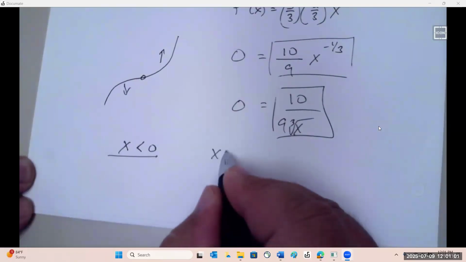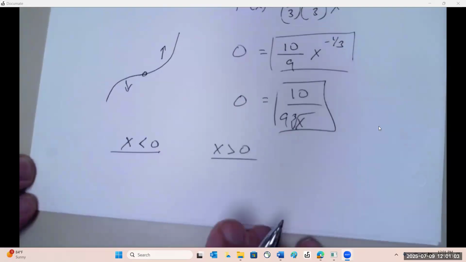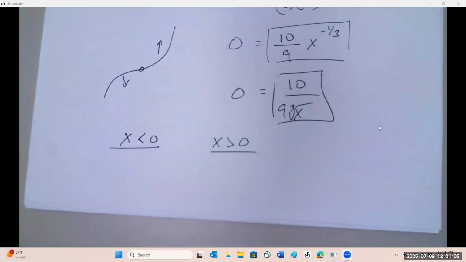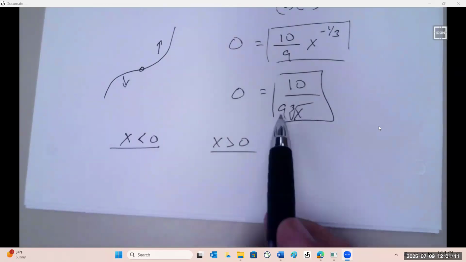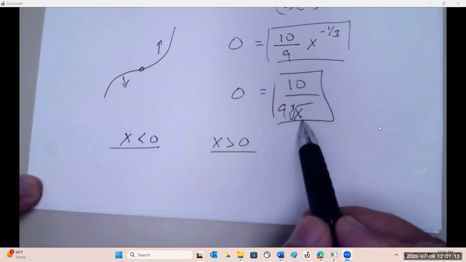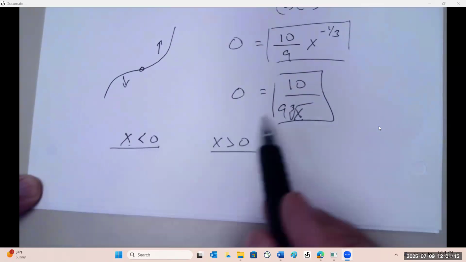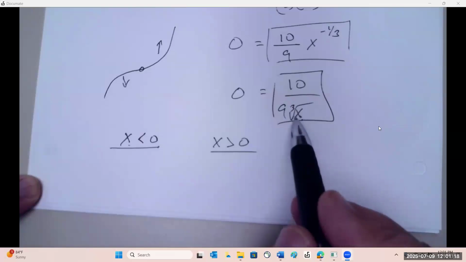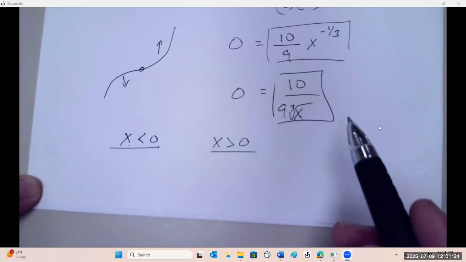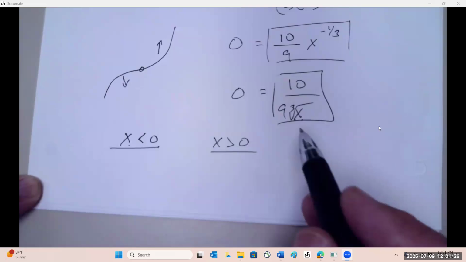What happens when x is positive? Since we can't set it equal to 0 and find it that way, now we have to localize it. Because it's an odd function, when I put in a negative number, can I take a cube root of a negative number? Yeah. What does it become? Positive or negative? Stays negative.